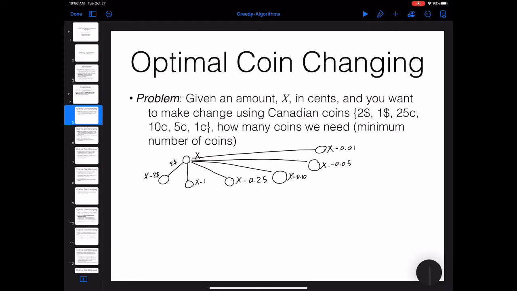You find the optimal answer in all of these different branches, right?